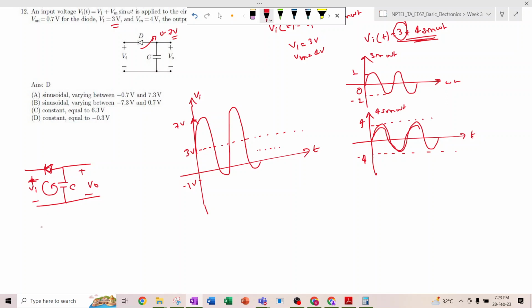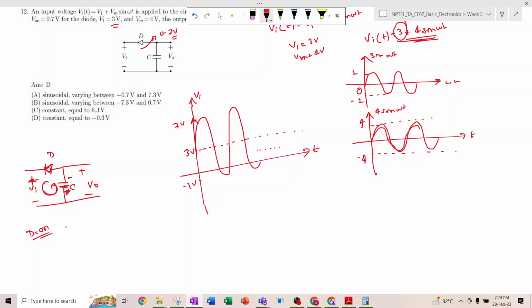So this diode, if we consider D equal to on, then only this terminal will connect to plus, and the current will flow through this, and this plate of the capacitor will gain the positive charge, and this terminal will gain negative charge.